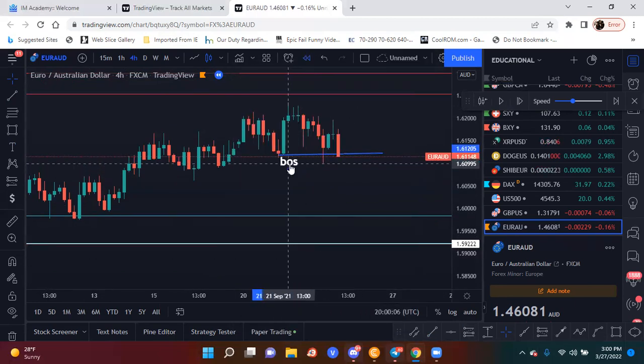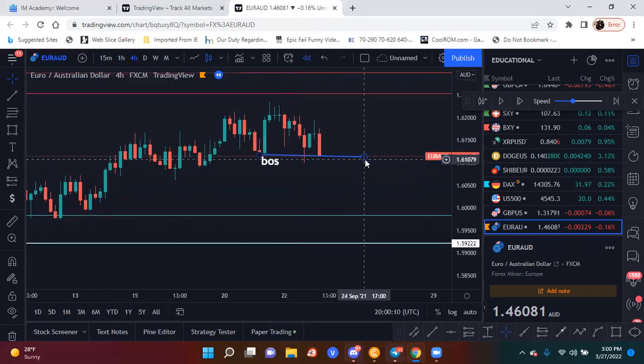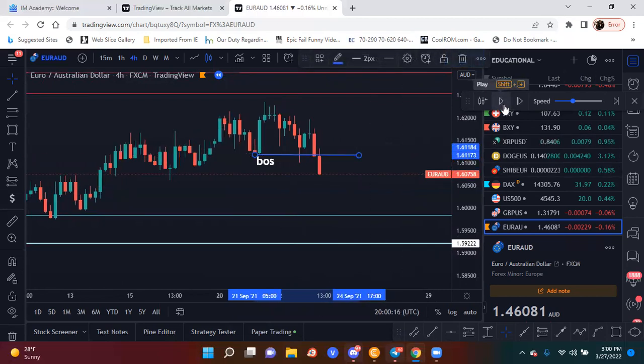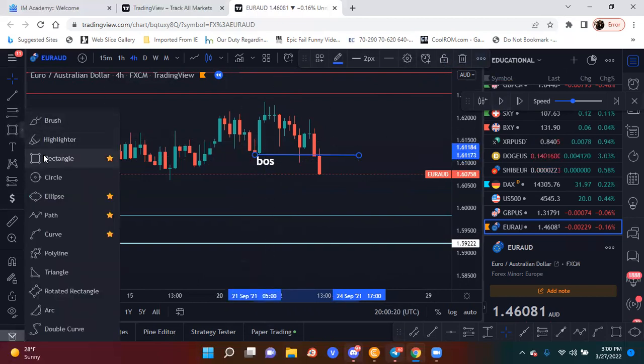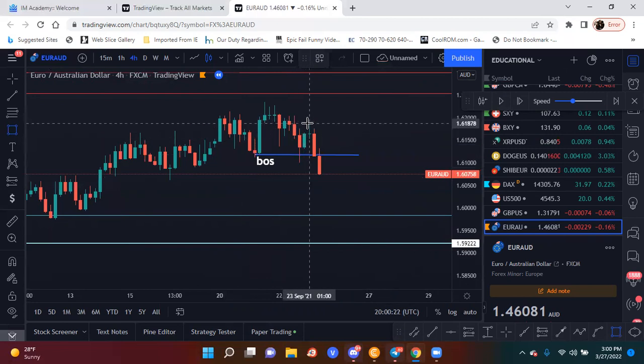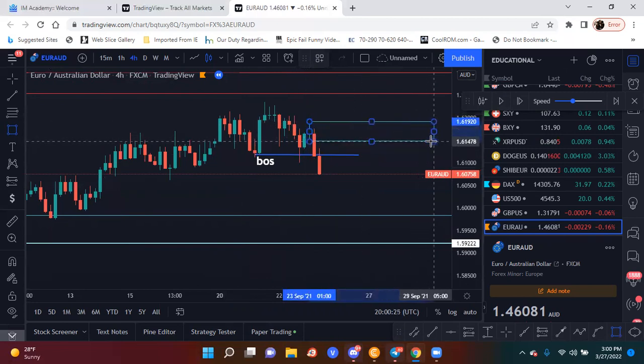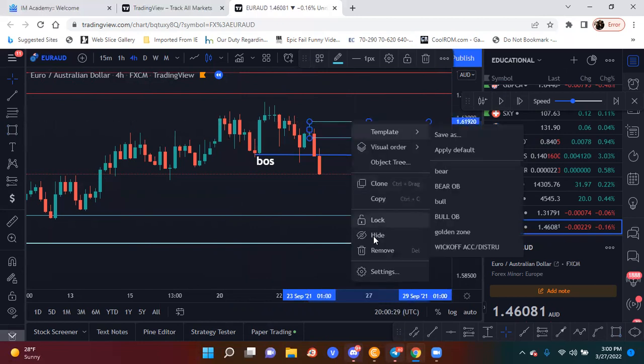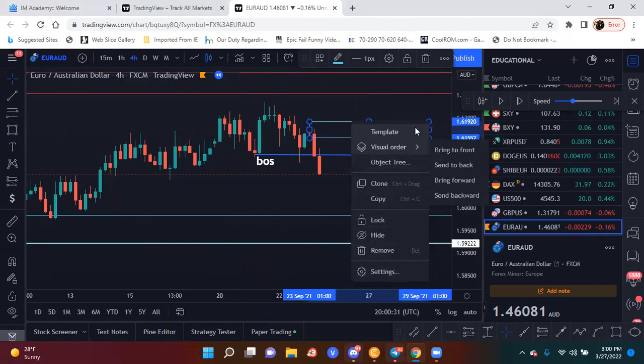Might have a BOS right here. There's the structure. Let's see if it broke it. So we have a breaker structure, right? This is the origin candle right here of the BOS, so it made a little baby supply zone right there.